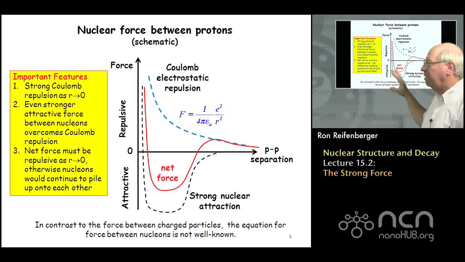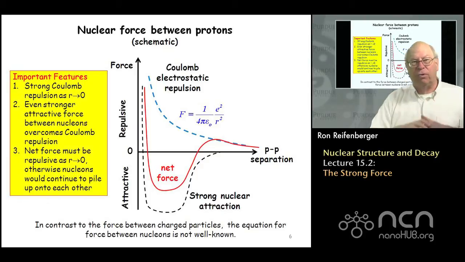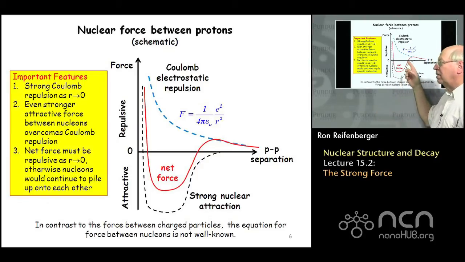So qualitatively, this describes the nuclear force, the strong force that interacts between nucleons. If you have a proton interacting with a neutron, the only thing that's different is this electrostatic repulsive force isn't there. And you're then left with this strong nuclear attractive force by itself.